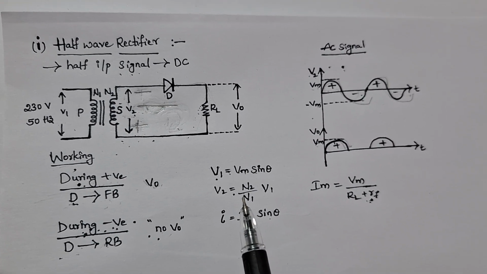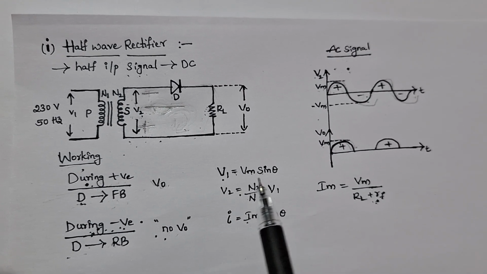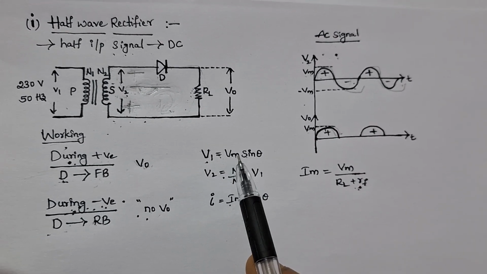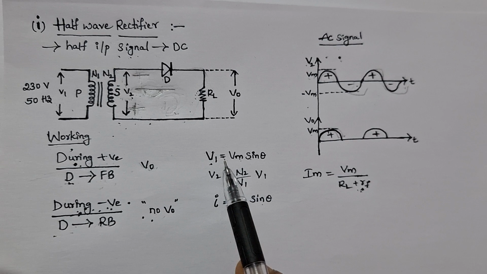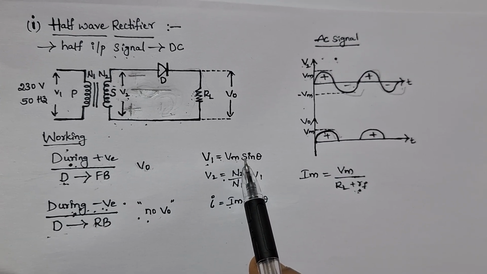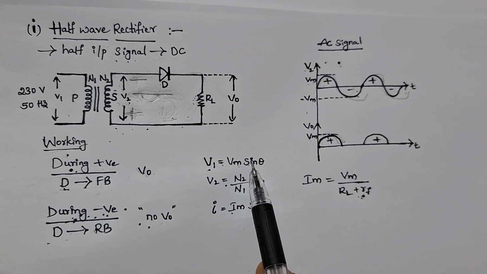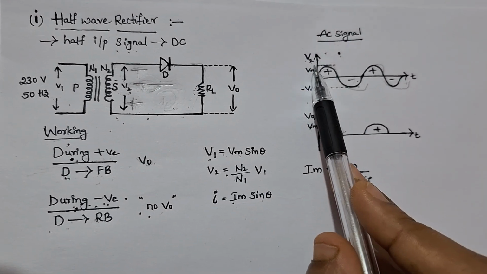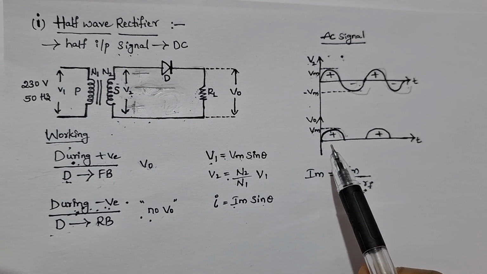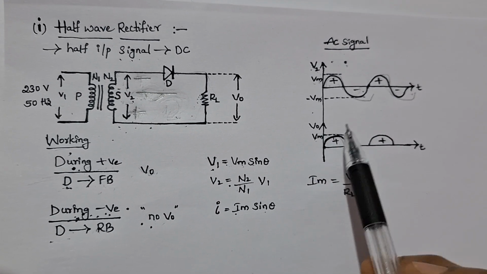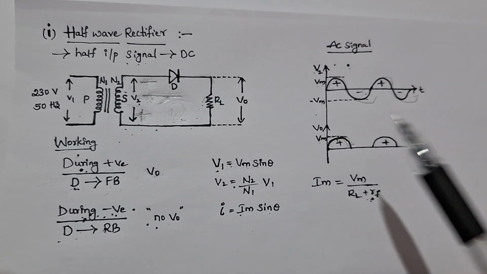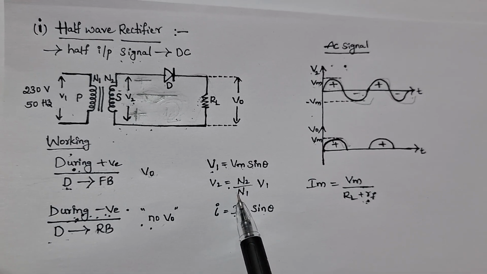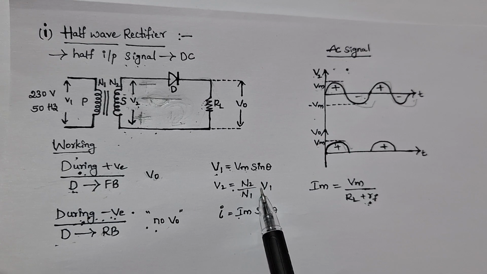Now let us see about V1. V1 can be written as V1 equal to Vm sin theta. Vm is a peak voltage, and V2 can be written as N2 by N1 into V1.